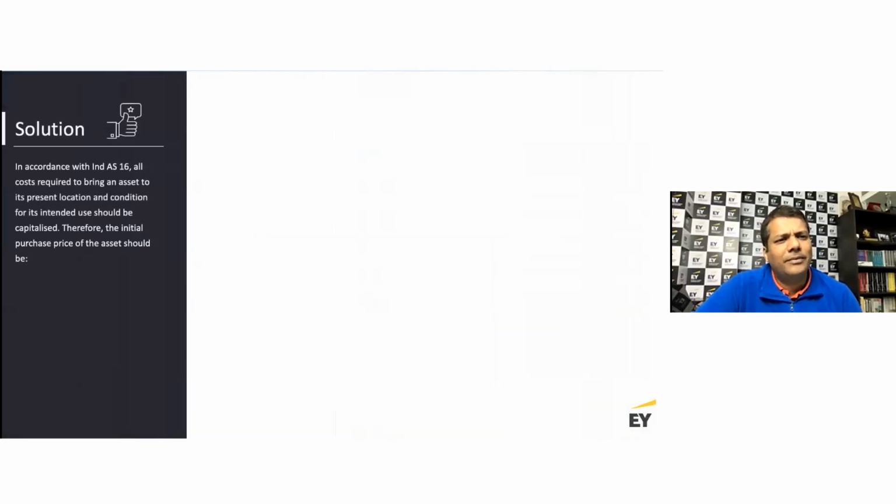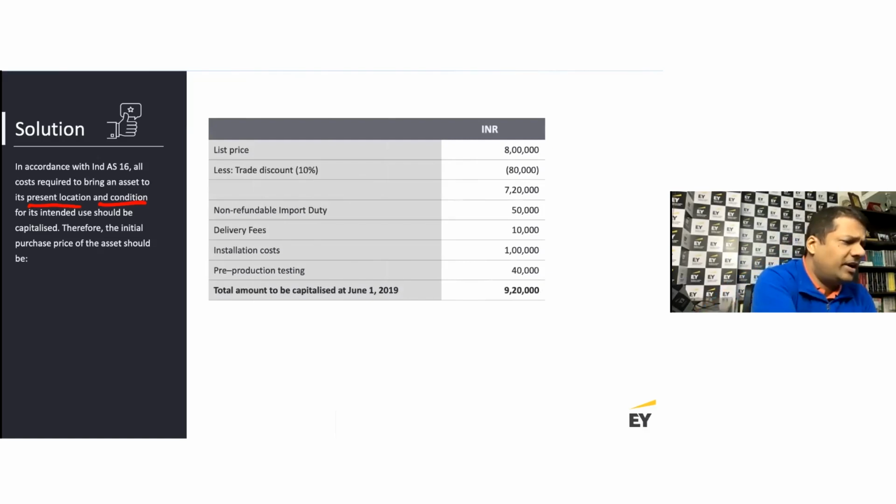So when I look at Ind AS 16, all cost required to bring an asset to its present location and condition for its intended use should be capitalized. Therefore, the initial purchase price of the asset is the list price of 8 lakh rupees less the 10% trade discount.